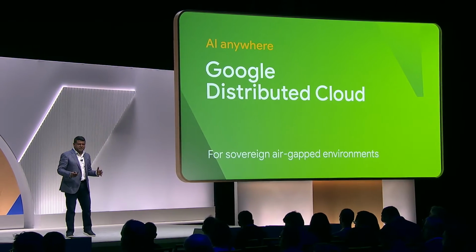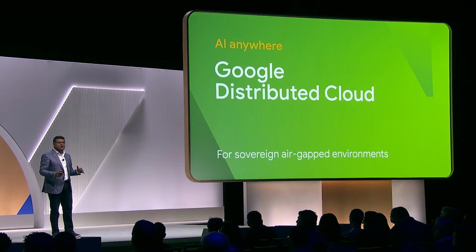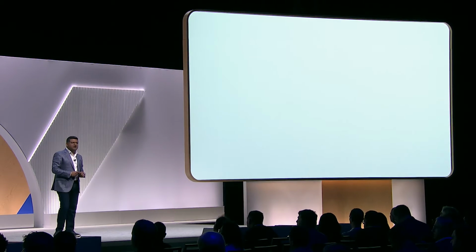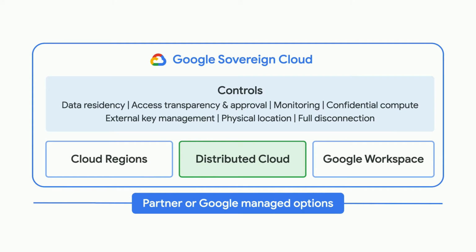Let's now talk about what we can do in those fully air-gapped environments. No connectivity to the internet, no connectivity to Google Cloud. This is part of our sovereign cloud strategy, where you need different controls based on your regulatory and compliance needs. So for example, it can be, I need to know which regions my data is in.